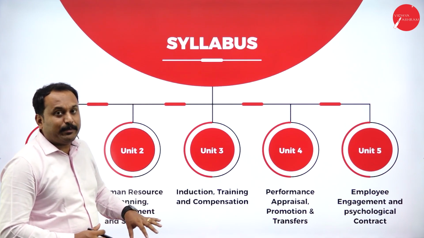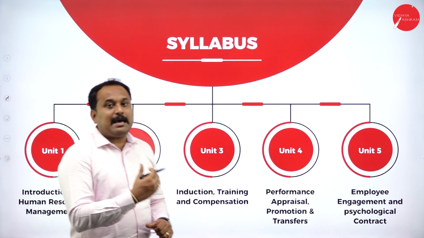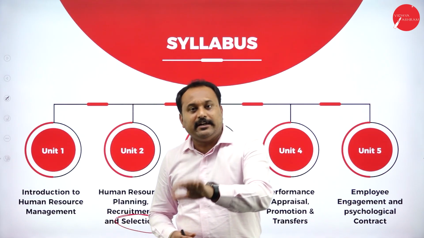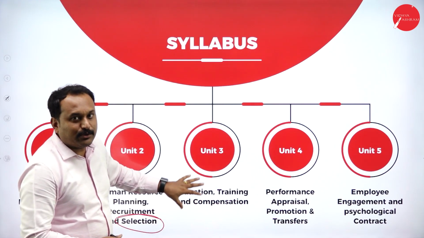As well as one more topic is there, that is called selection, how selection happens, so that you will understand after your graduation, if you go to any interview, how recruitment and selection happens. In this chapter only you will get to know.